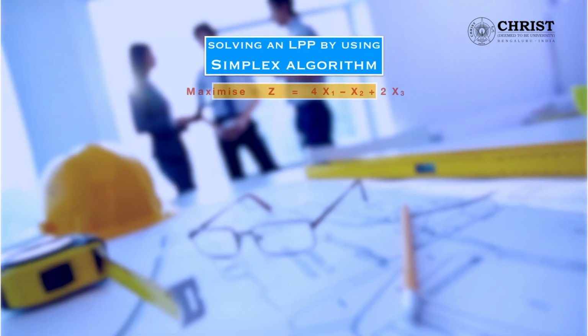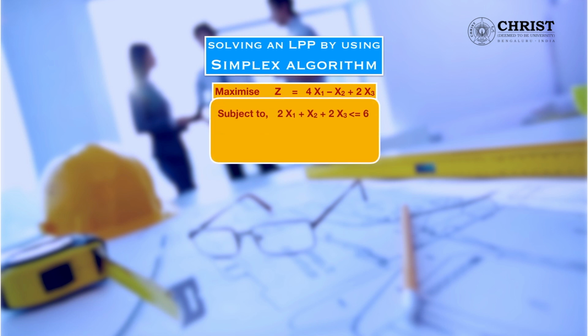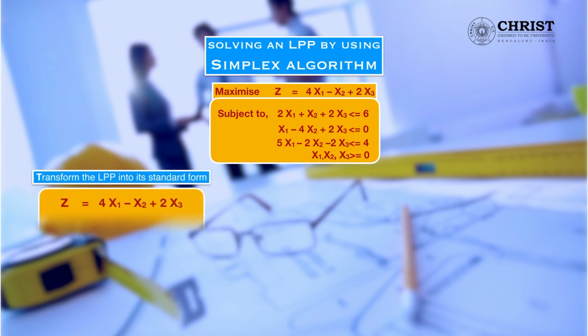The given problem is maximize z equal to 4x1 minus x2 plus 2x3 subject to constraints 2x1 plus x2 plus 2x3 less than or equal to 6, x1 minus 4x2 plus 2x3 less than or equal to 0, 5x1 minus 2x2 minus 2x3 less than or equal to 4, and the non-negativity constraint x1, x2, x3 greater than or equal to 0. Firstly, let us transform the LPP into its standard form.